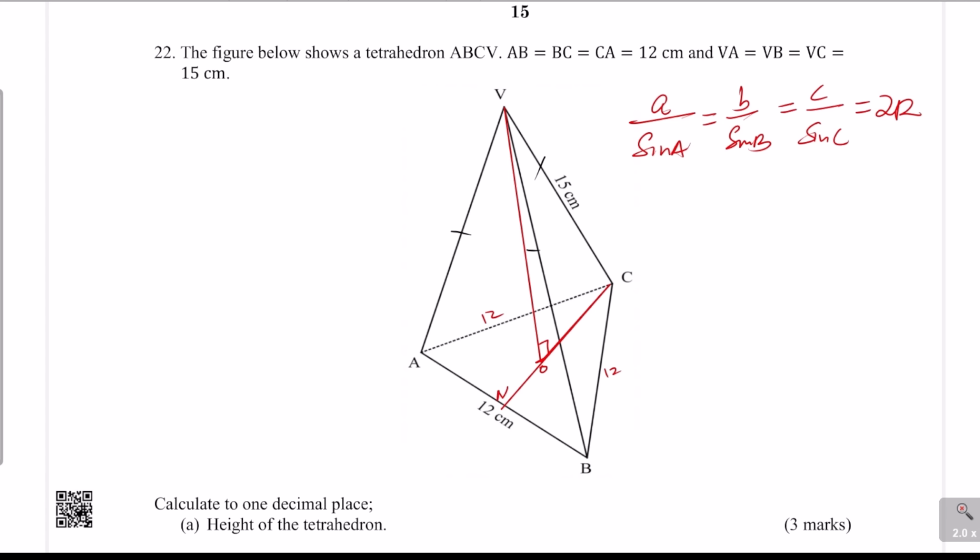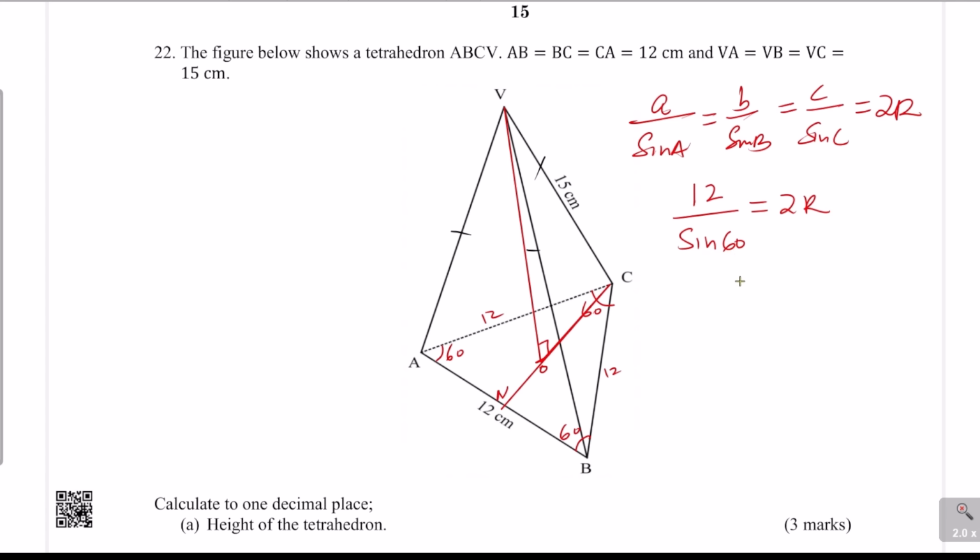Since this is an equilateral triangle, all the angles are 60 and all the sides are 12 centimeters. So I can use one side being 12, and the sine of one of the angles, that is 60. This should give me 2 radius. The radius in this case will be CO.